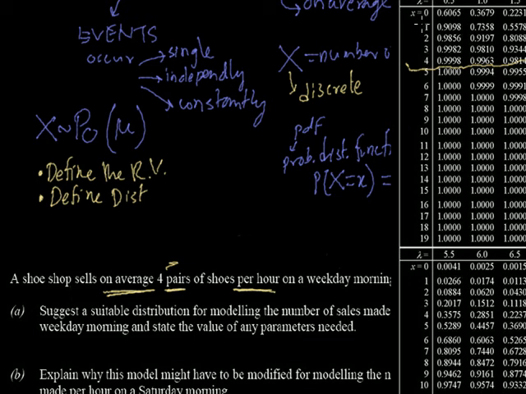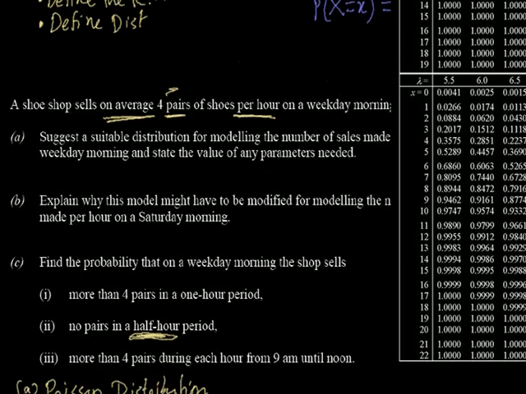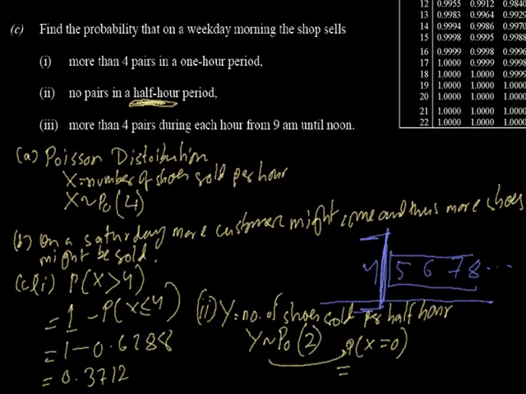So if we go here all the way, it is going to be 0.0183. So that's going to be the probability.